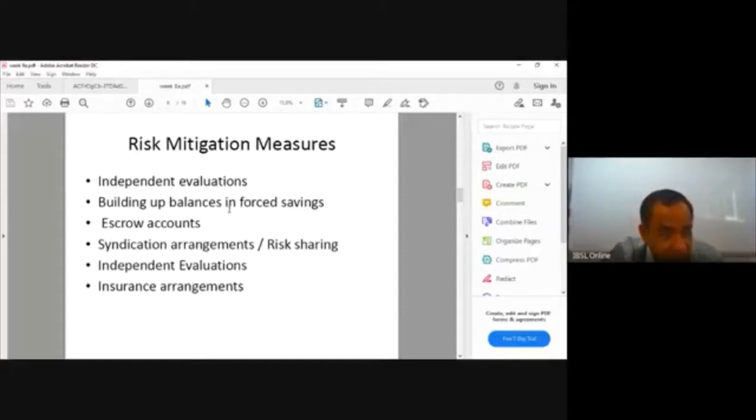That can be used to liquidate some of the loans or part of the loans in future. So that's a forced saving from the income of the customer, building up balances for some time and using it up. That's a risk mitigation measure, right?